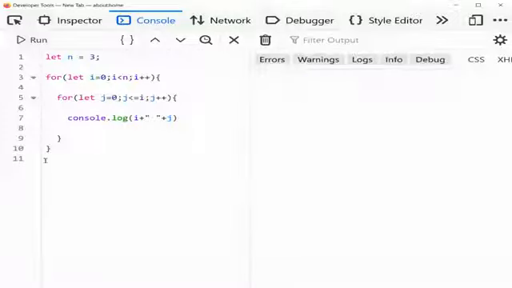See, if this is my j less than or equal to i here, then please calculate on paper, first of all, how many steps it will take for the outer loop and for the inner loop as well. And whatever the worst case is, you can calculate it.